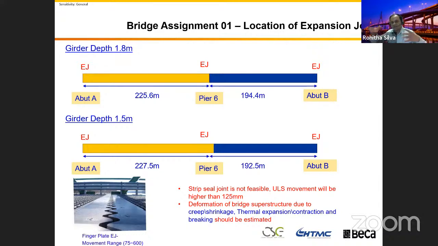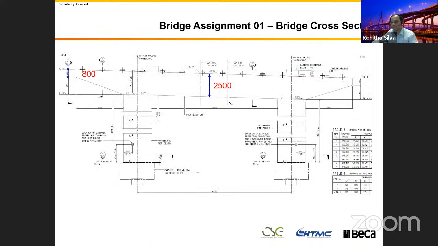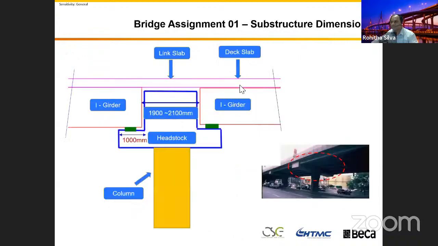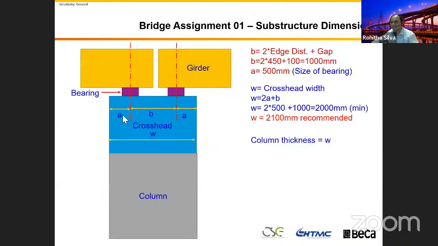The only thing in this particular place, instead of having a 2 meter wide cross set, you need to have a wider cross set. Why? You need to have a space to put a bucket here, 300-400 millimeter wide bucket. So that means this 2 meter, it would be 2.3 or 2.4.